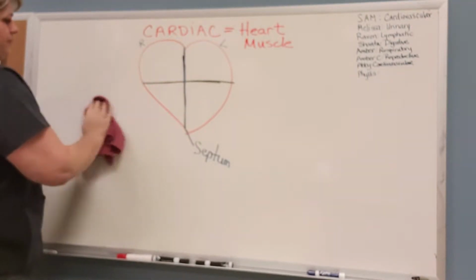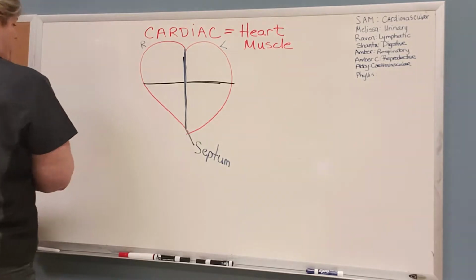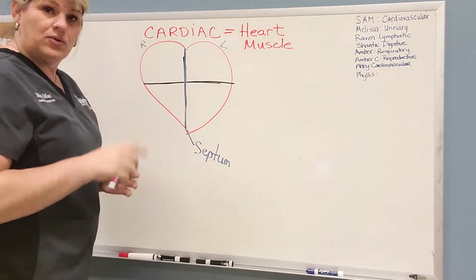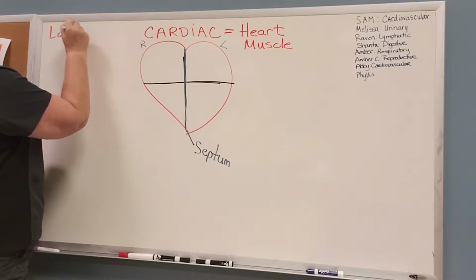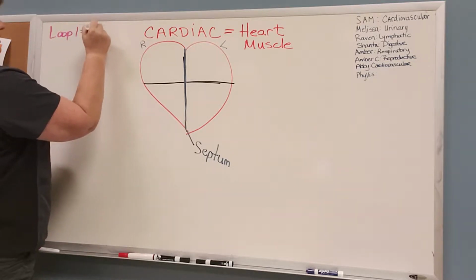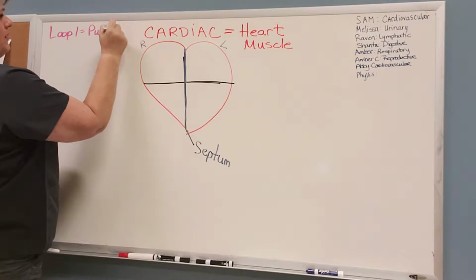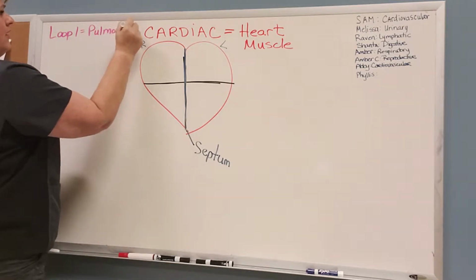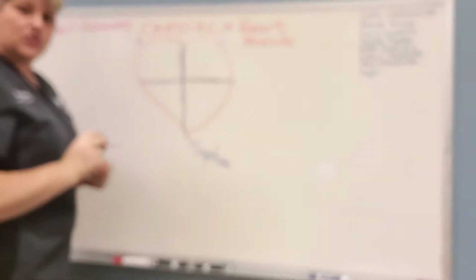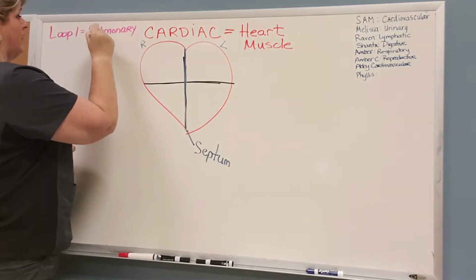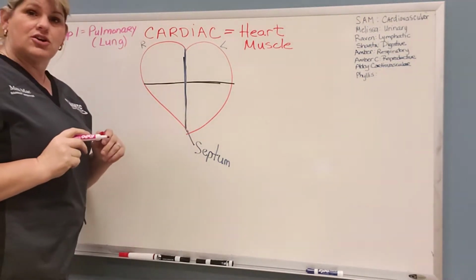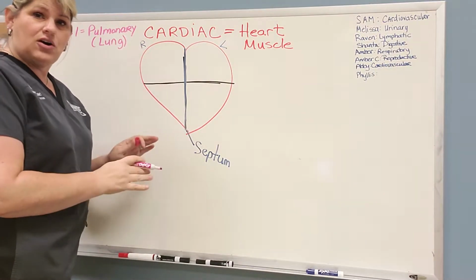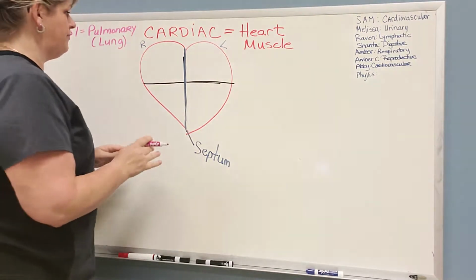Okay, so we are going to start with loop 1, which we said was the pulmonary loop. Now, anything that has to do with the word pulmonary always refers to the lung. Anything that refers to cardiac always refers to the heart or the cardiovascular system.